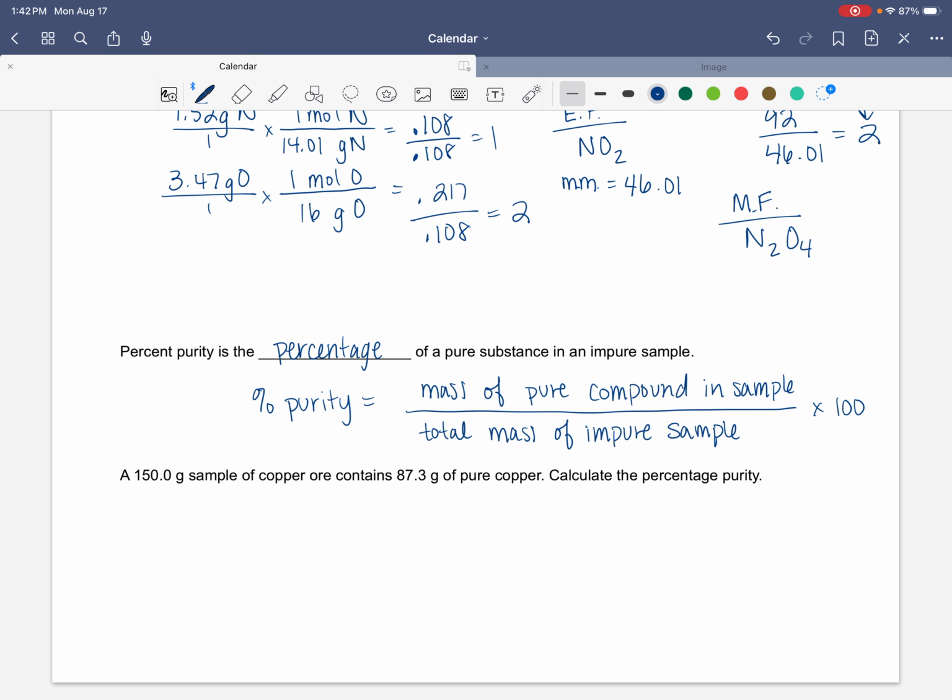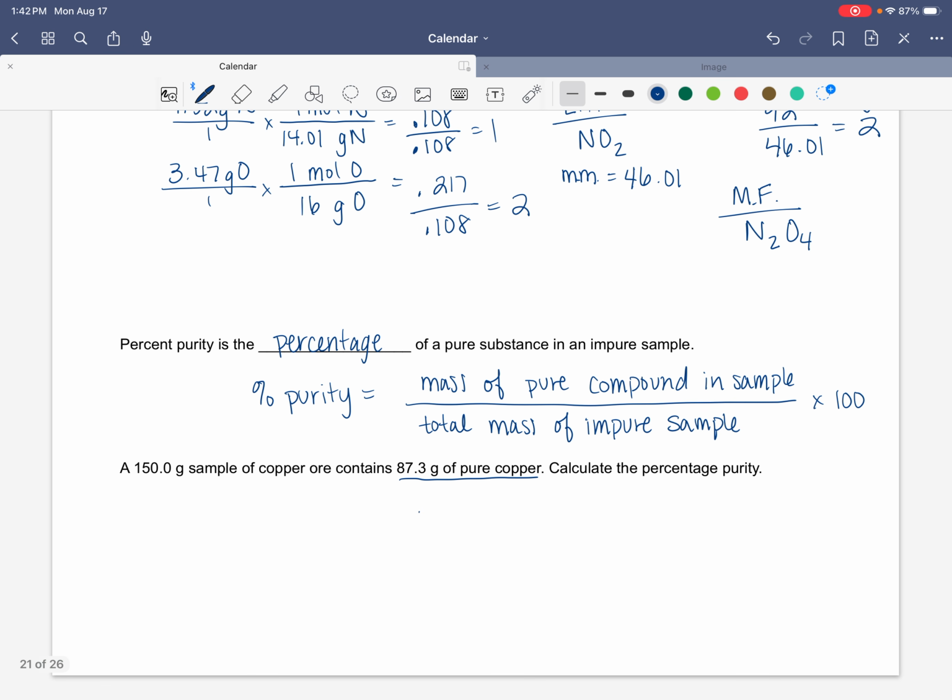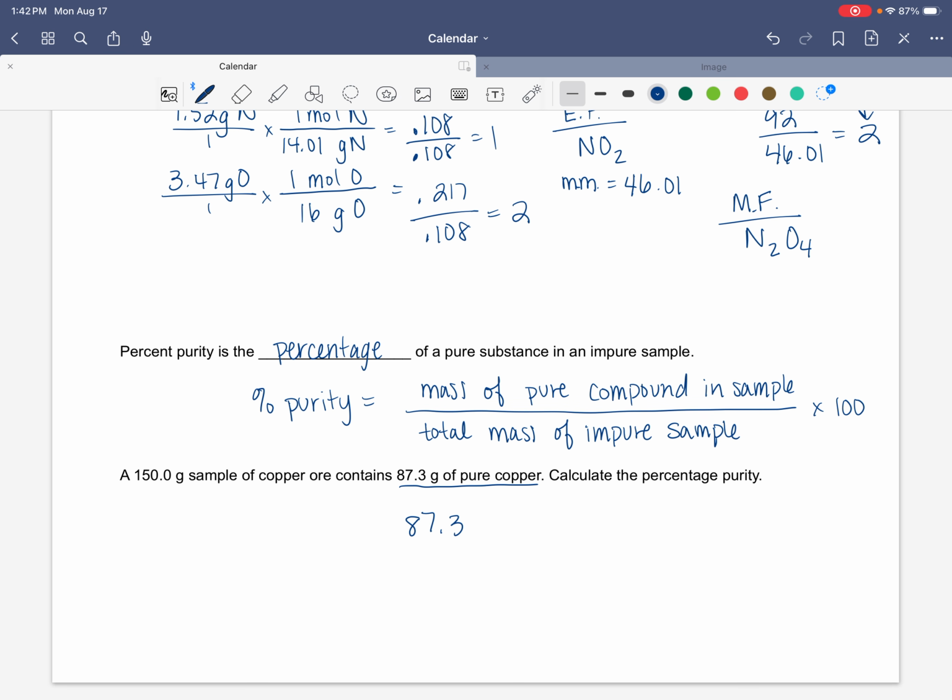So for example, a 150 gram sample of copper ore contains 87.3 grams of pure copper. We're going to calculate the percentage of purity. So for our pure copper, this is our mass of the pure compound, so that goes on top, so 87.3 divided by the total mass of the sample, which was 150, and then again, it is a percentage, so we're going to times by 100, so this is 58.2% pure.